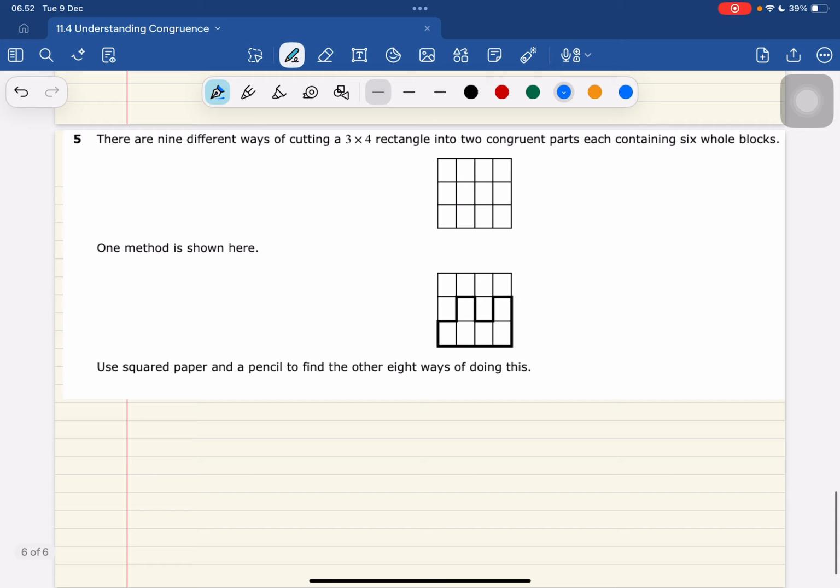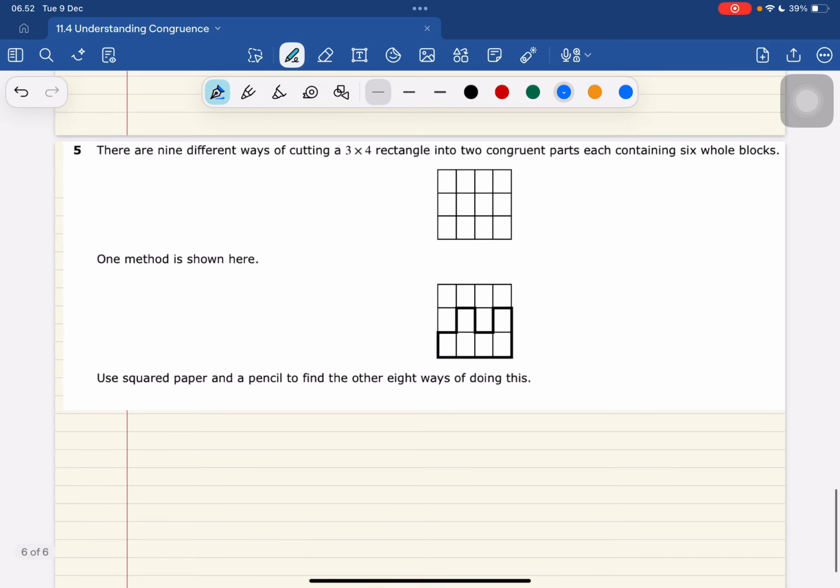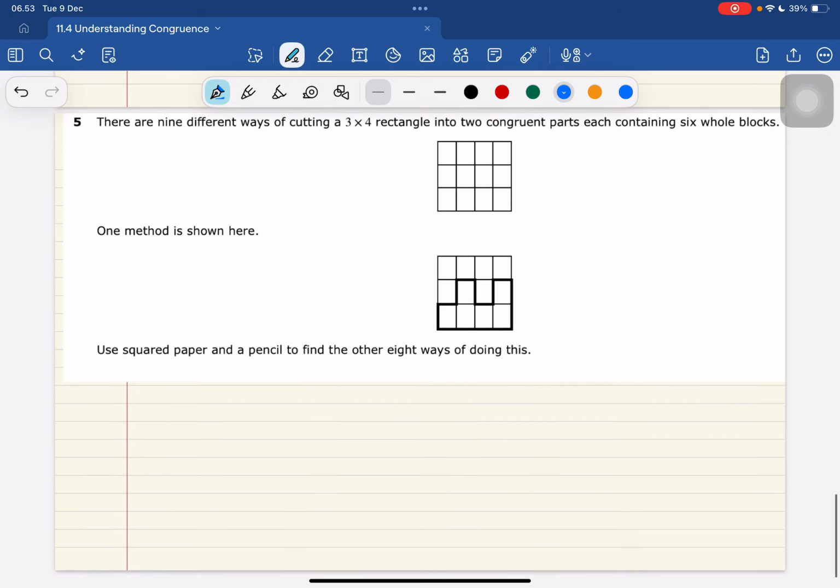Number 5. There are 8 different ways of cutting a 3 by 4 rectangle into 2 congruent shapes. One method is here. Use square paper and a pencil to find the 8 ways. So we need to make it first.